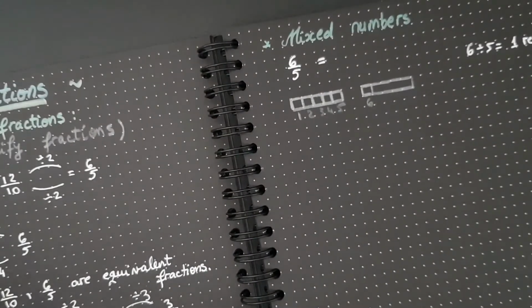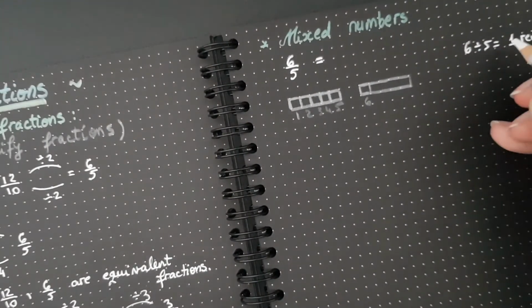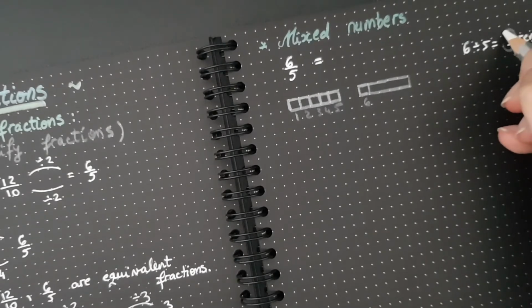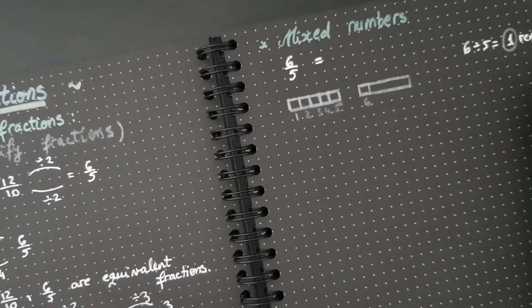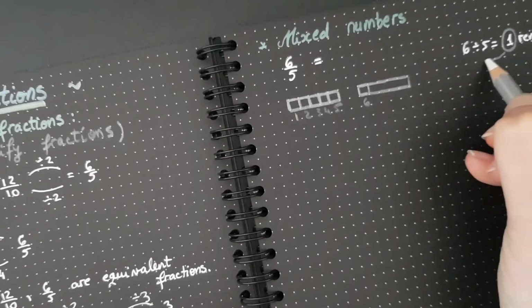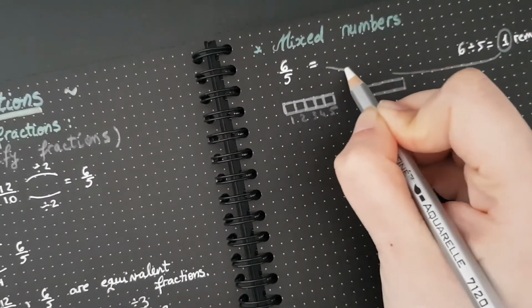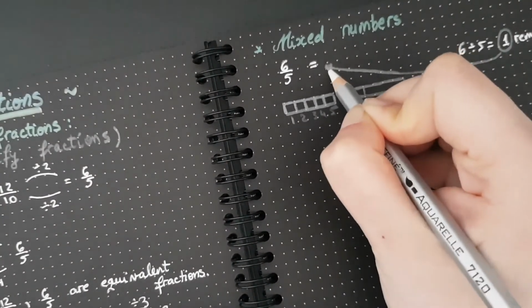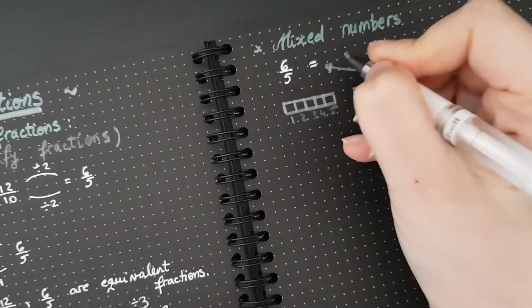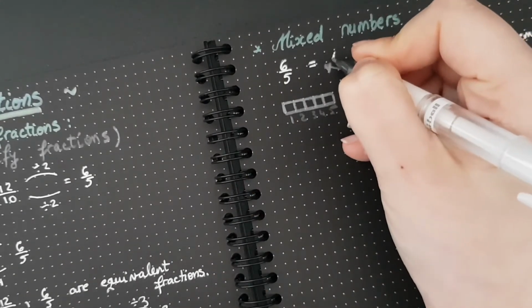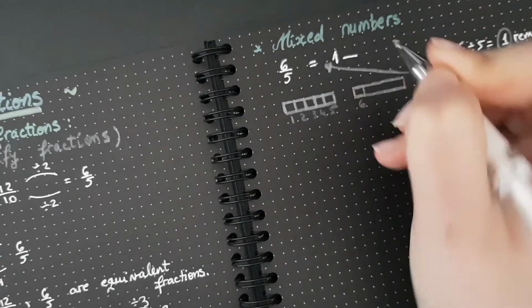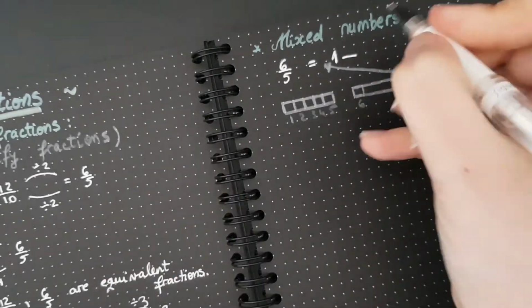Now, very important how we write this. We know 5 goes into 6 once, and we have a remainder of 1. The 1 goes in front of my fraction as a whole number, and then I've got this little 1 on top.